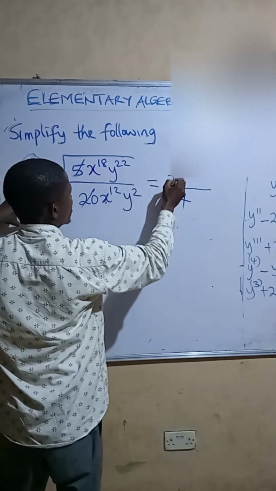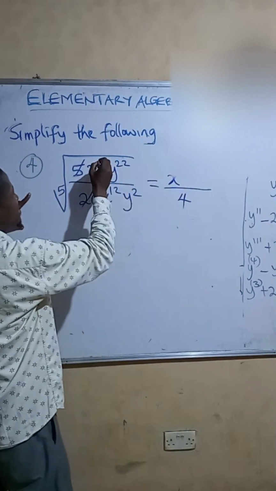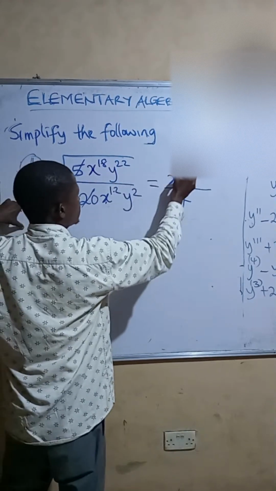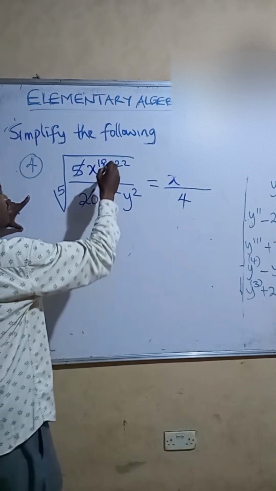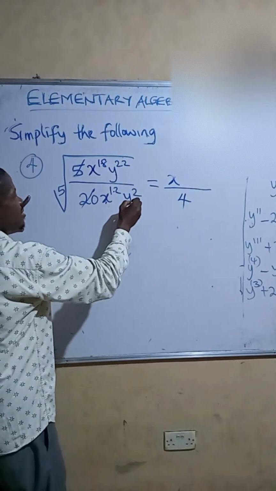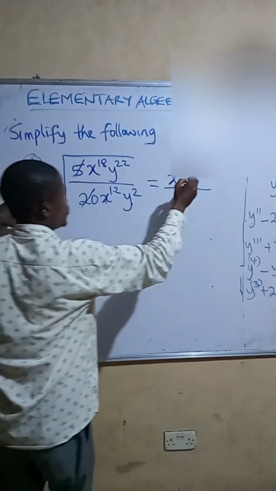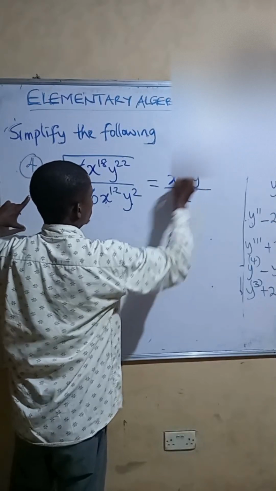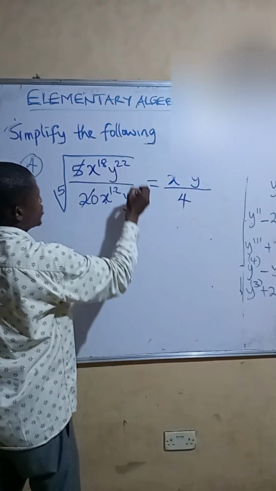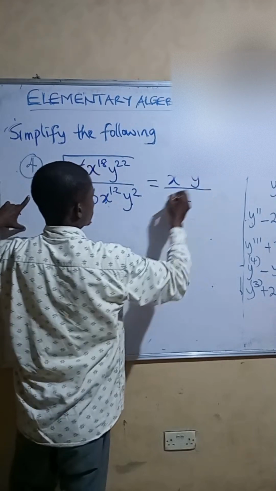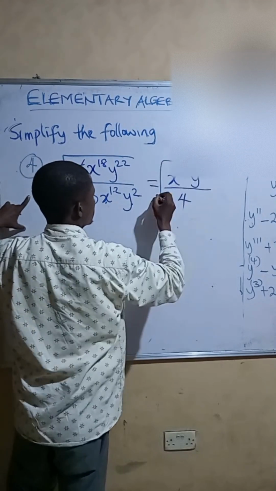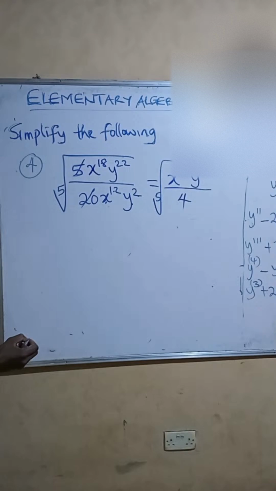That will be x to power 18 minus 12. That's 6. Then this one also, the same base, and you are dividing. So you pick one of the bases and you subtract the power. 22 minus 2, that's 20. Don't forget your 5. That's what we have there.